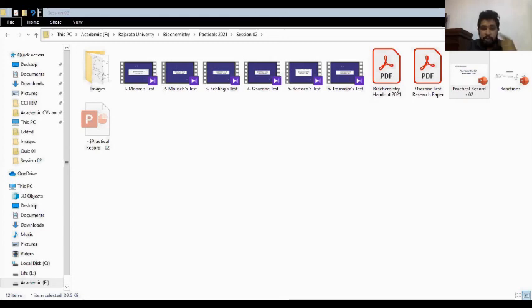What would be the page limit for this practical report? This is a bit lengthier than the previous one. Actually, you don't need to write about the Fehling test and the Molisch test. I just want you to include the osazone test. I don't expect very lengthy assignments or practical reports from you. Just 5 pages, including the front page, is enough.